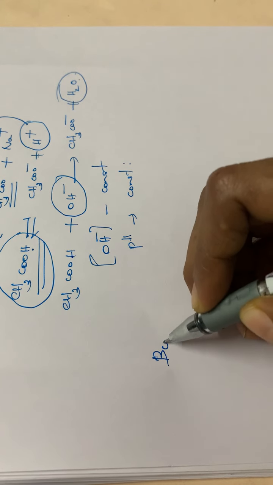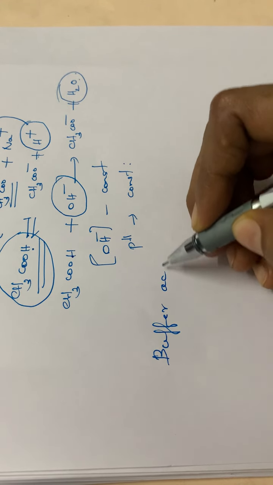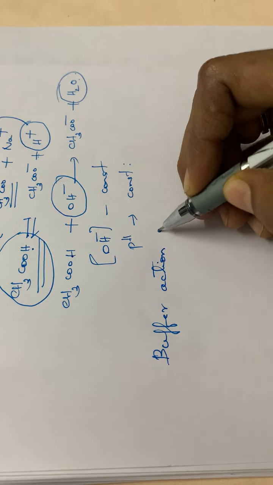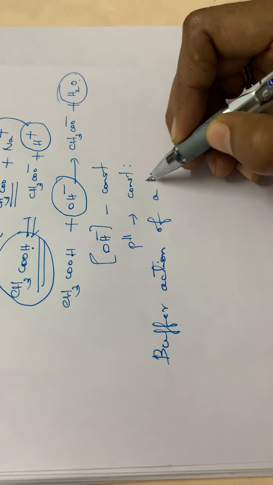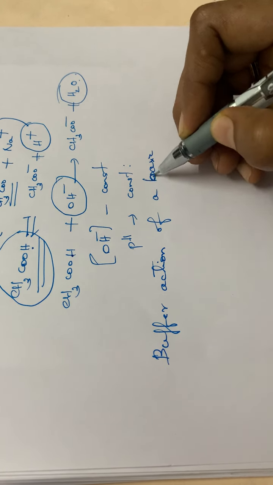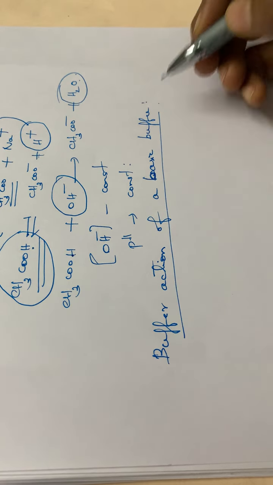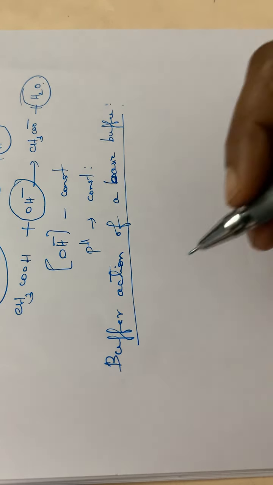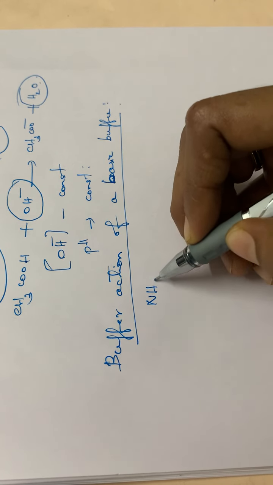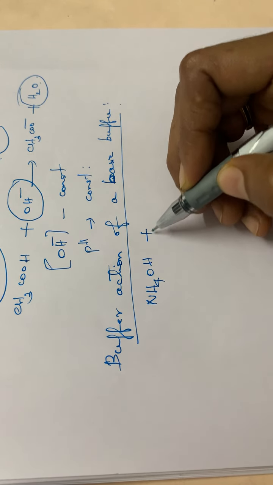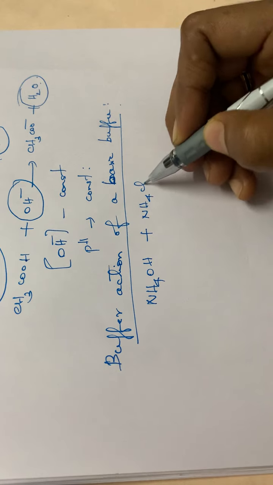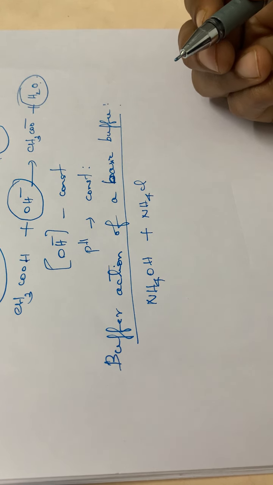Then buffer action of a basic buffer. So for the basic buffer, the example we had seen is ammonium hydroxide plus ammonium chloride.